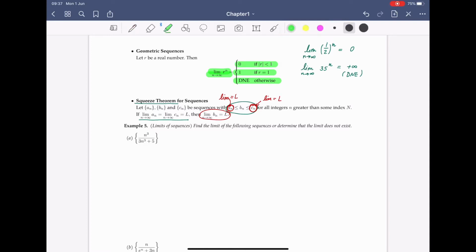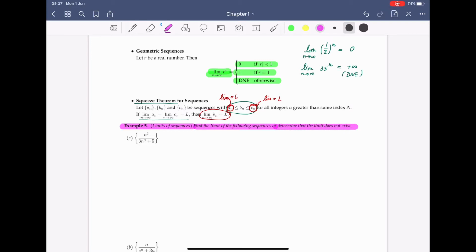Example 5, this is similar to the question that you're going to see on the exam. Find the limit of the following sequence, or determine that the limit does not exist.